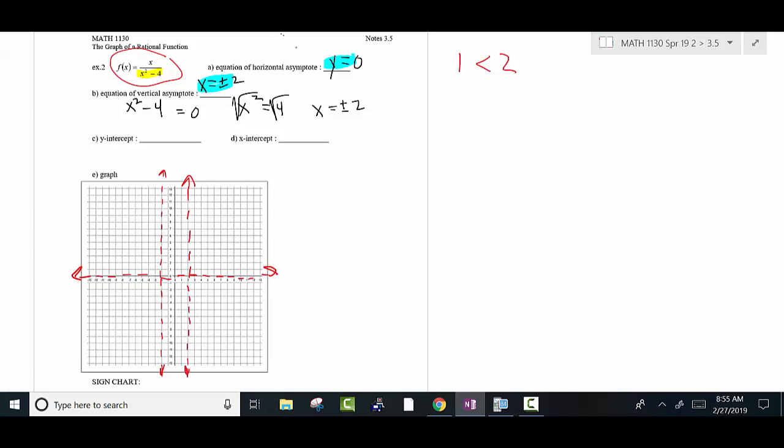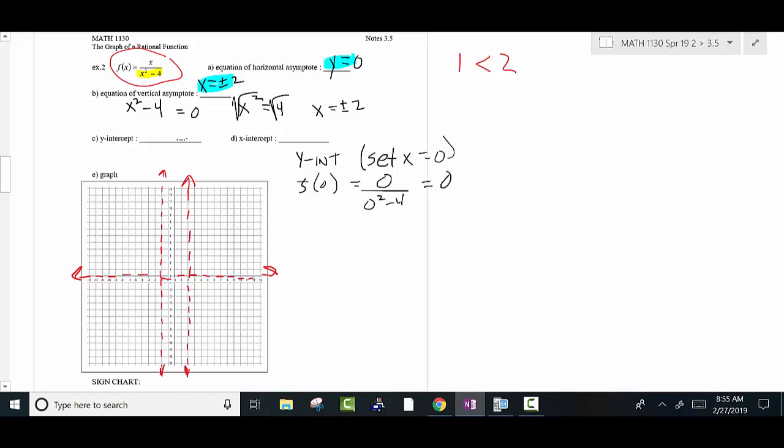Okay, now what we're going to do is go on to the y-intercept. For the y-intercept, we always just set x equal to 0. If you do f of 0, you're going to get 0 over 0 squared minus 4, that's 0.